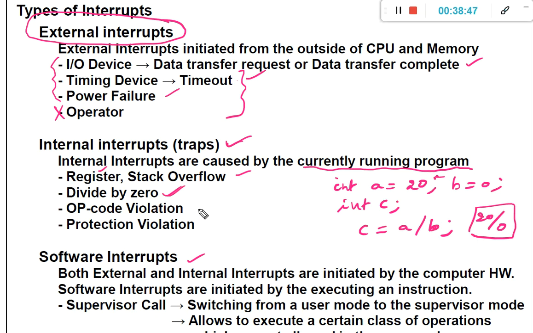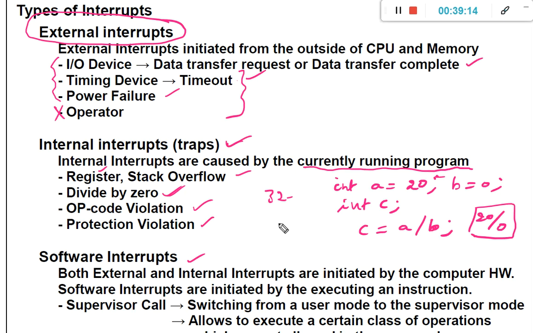And opcode violation. Opcode violation means, assume that there are 32 different operation codes and you give a value beyond this, then opcode violation will occur. And protection violation means some of the registers may be reserved by the processor and the user should not access them.